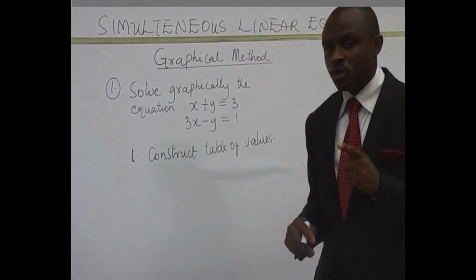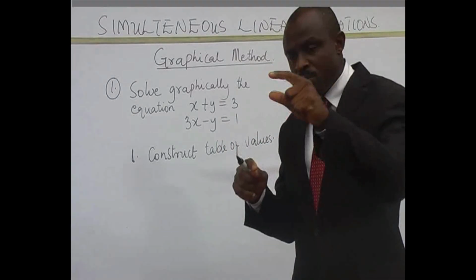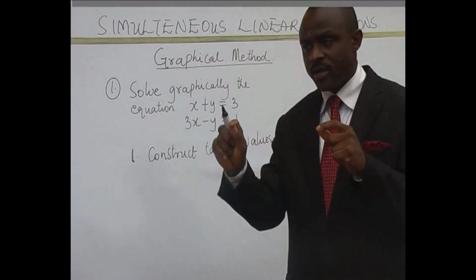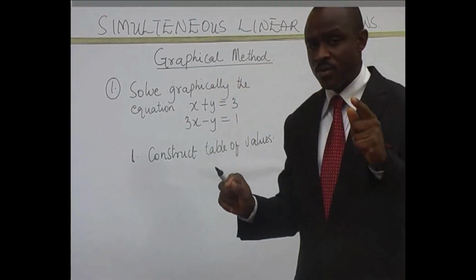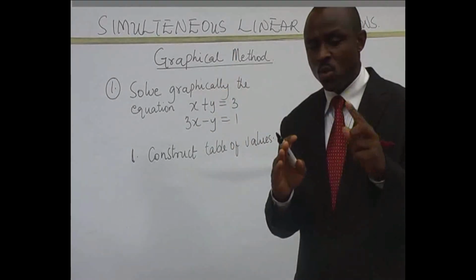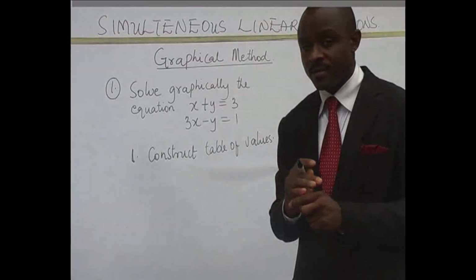You must construct a table of values because it is from the table of values that you'll be picking the points you are going to plot on the graph. Without the table of values, you will not have a base where you will be taking figures you are going to plot on your graphs.